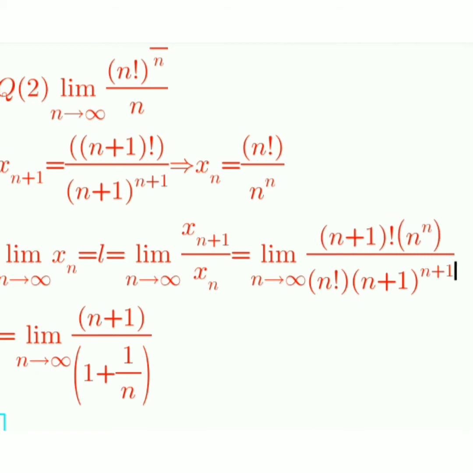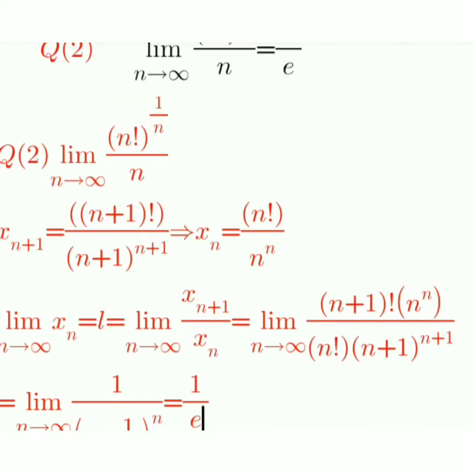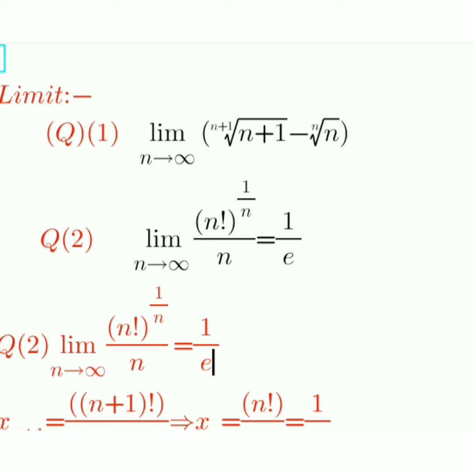Here it should be plus 1, n plus 1, so it would be cancelled, and this value should be this. So friends, we get this value, and after that we get 1 by e. So this is my total formula for x_n. I have proved that this value is 1 by e.